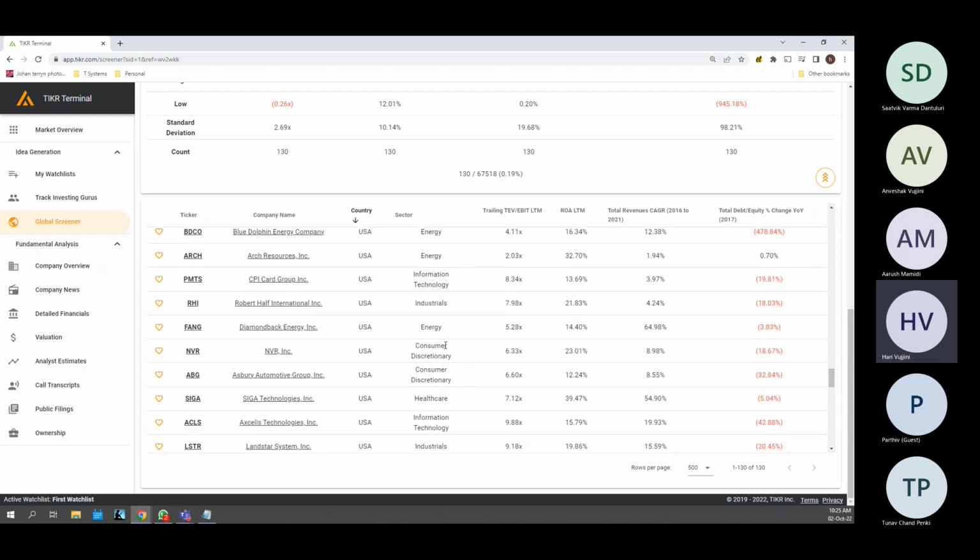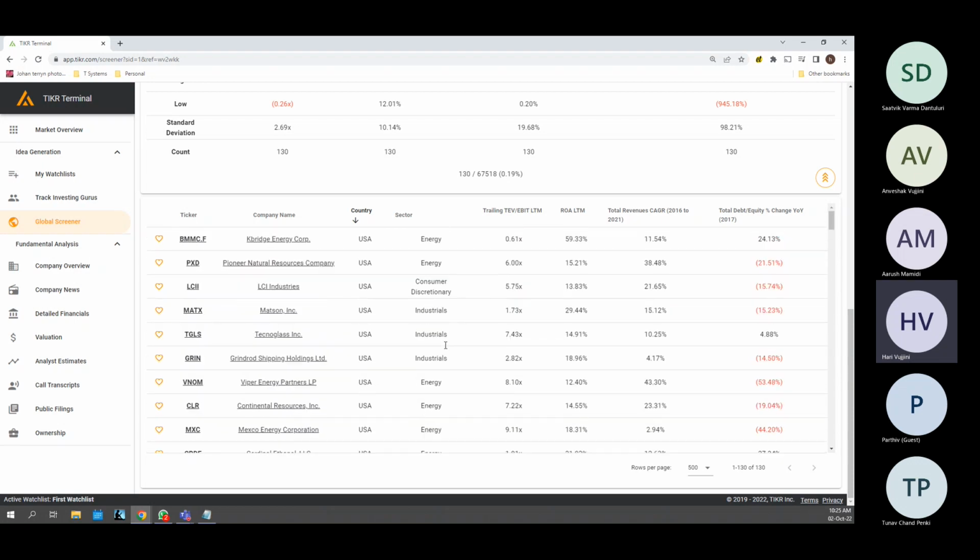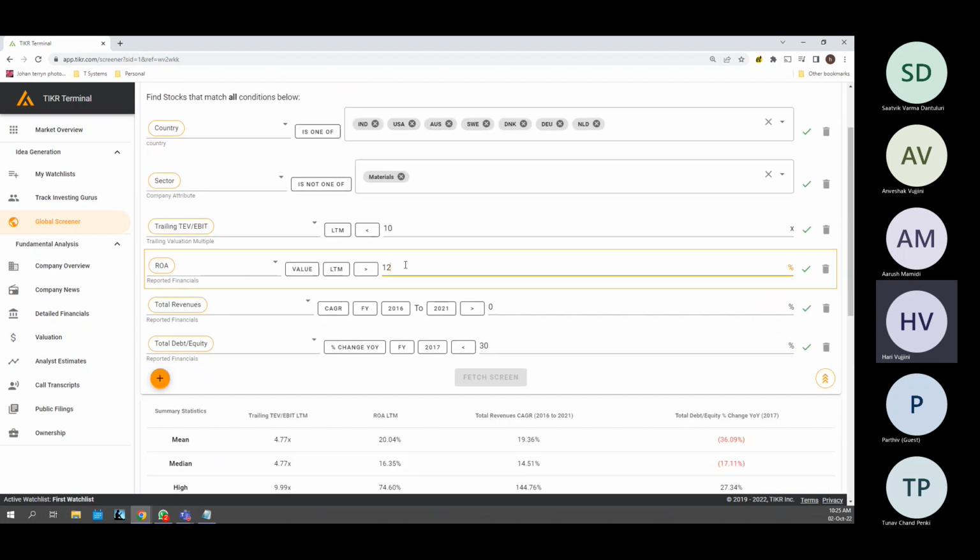Okay, so it's only Pfizer that we were able to find from this list. Maybe I was too strict.